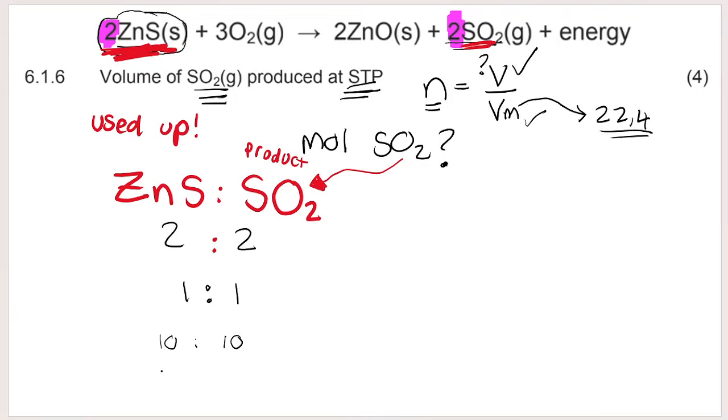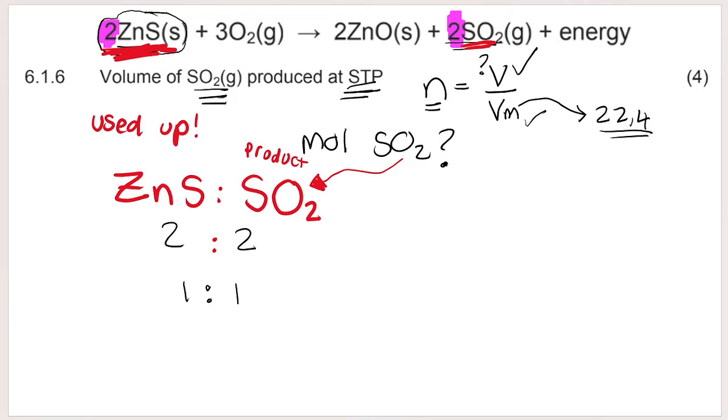If I react 1,000 moles of zinc sulfide, that will produce 1,000 moles of sulfur dioxide. Because it's 1-to-1, exactly the same number that is reacted will be what is produced.